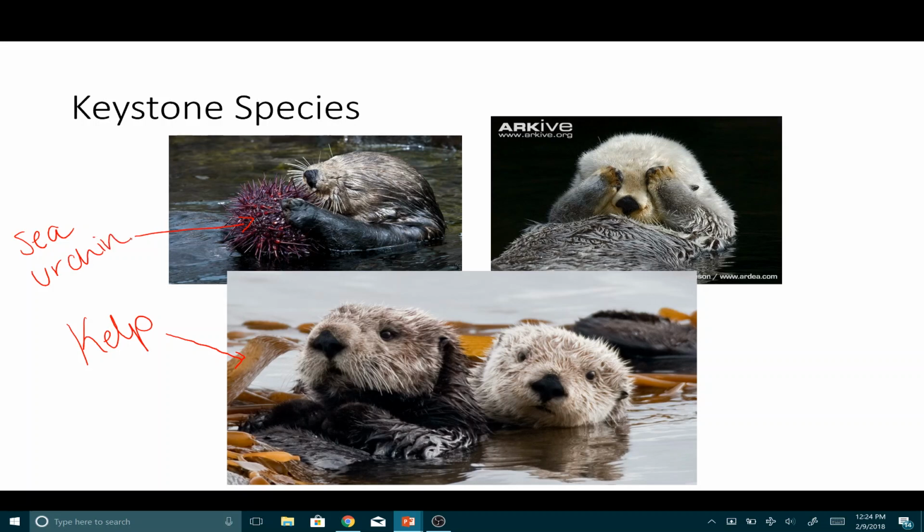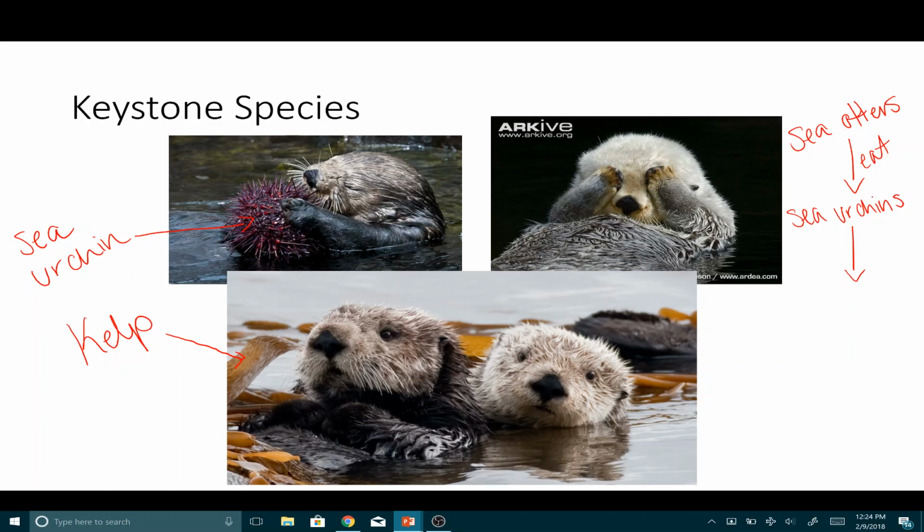Sea urchins eat kelp. I don't know if you are familiar with big kelp beds off the California coast. But if you look here, you can actually see how thick this kelp is in reference to the sea otter. And so there are really large kelp beds. You actually have to be very careful when diving in kelp beds because you can get wrapped up in the kelp.